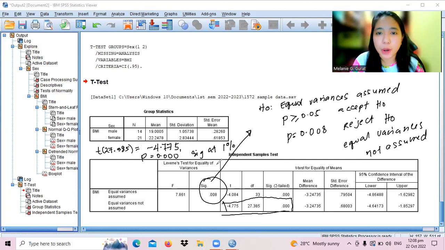Now let's have more information about the result. What we have here is that the result that will be reported is the result coming from equal variances not assumed, because our HO is equal variances assumed, and the p-value is less than 0.05, indicating that we have to reject HO.